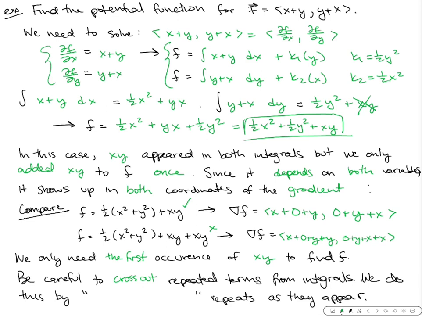Oh man, I messed this up. Sorry to everyone who took those notes with me as I wrote it. Maybe you have the ability to erase or just write below. We need to be careful to cancel or ignore repeated terms from integrals, and we accomplish this by crossing out repeats as they appear.